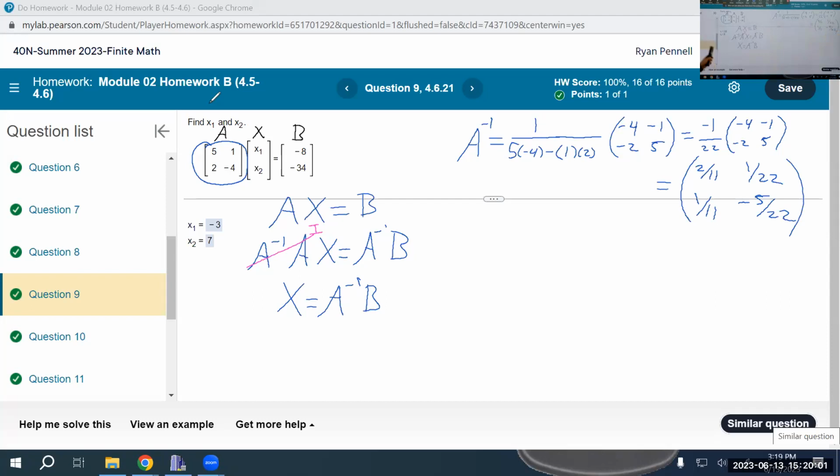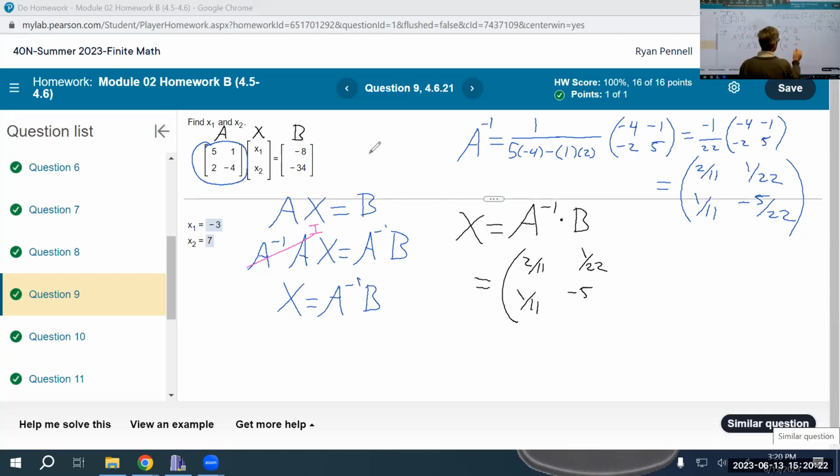Now we need to multiply that times B. X equals A inverse times B. 2/11, 1/22, 1/11, -5/22 times B, -8 minus 34. Row times column. Row times column.